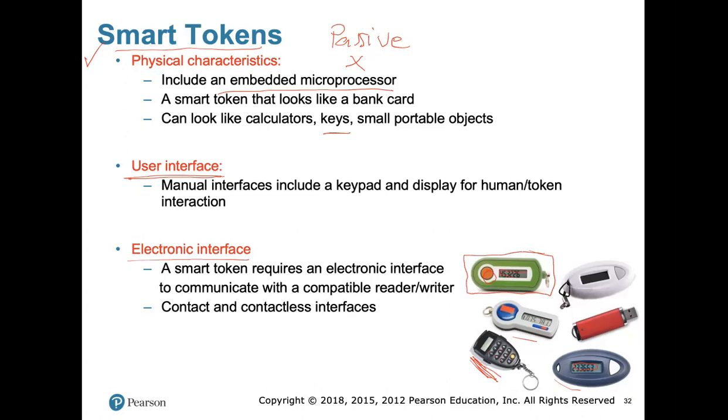So whatever password it generates, in most cases, I, as a user, don't need to enter that password or give that password manually to the server. The device directly communicates with the authentication server.